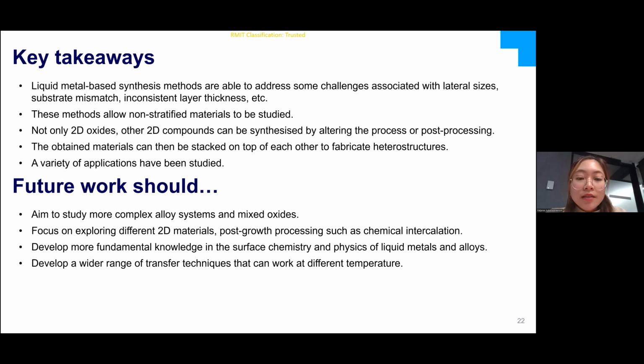So we can only make gallium oxide on top of the PPC layer. If we can find an alternative sacrificial polymer that can work at a higher temperature, we can probably look at that.